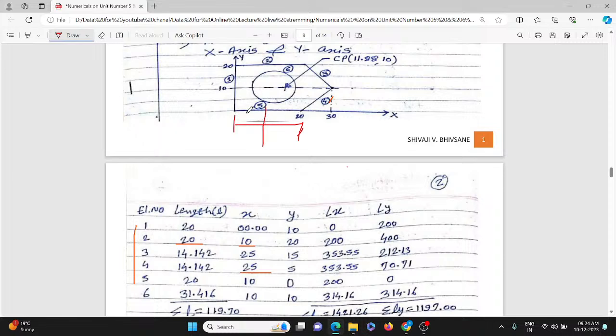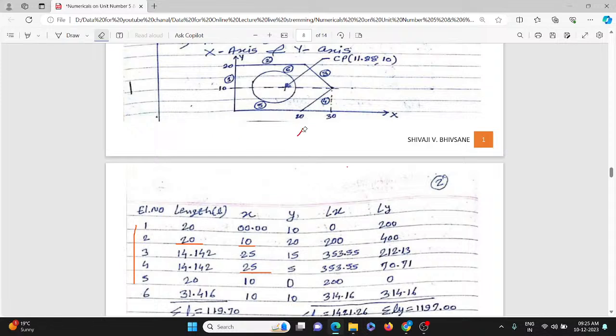This distance is 20 divided by 2, so that is 10. So for element number 5, X is 10.